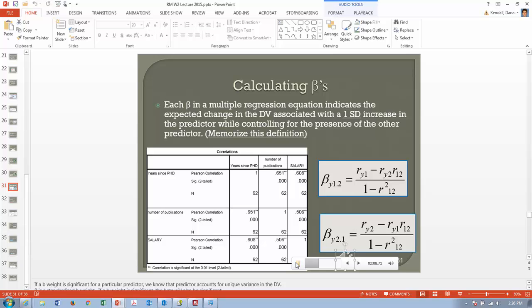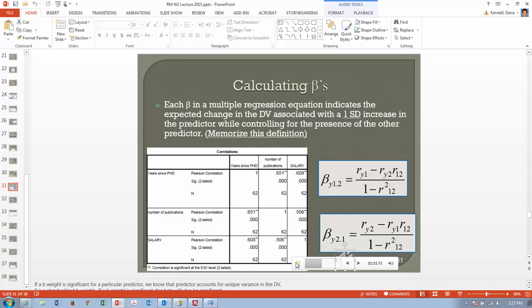And then we have R12, which is the correlation between the two predictors. This is also called a multicollinearity term, which is just a fancy term for the correlation between two predictors. That's the number of pubs and year since PhD, which is 0.651. We knew that from the last slide, actually.